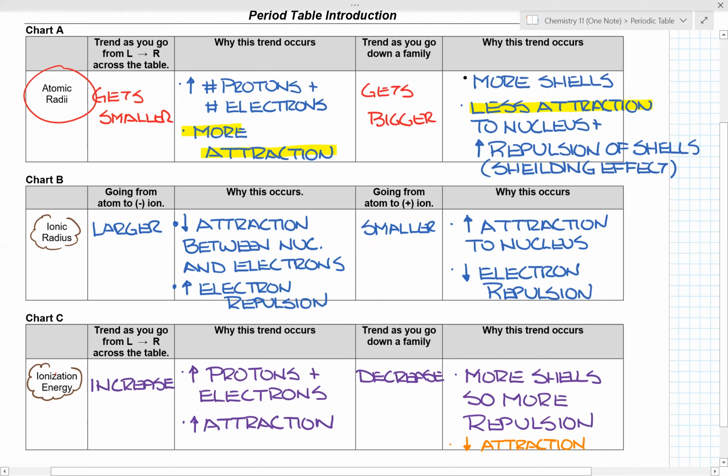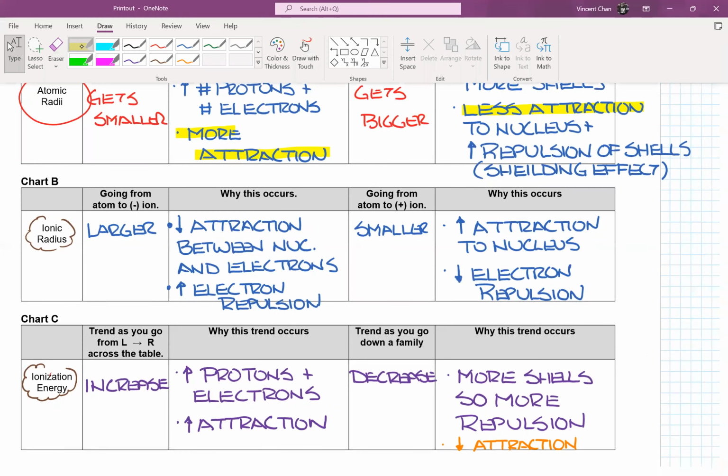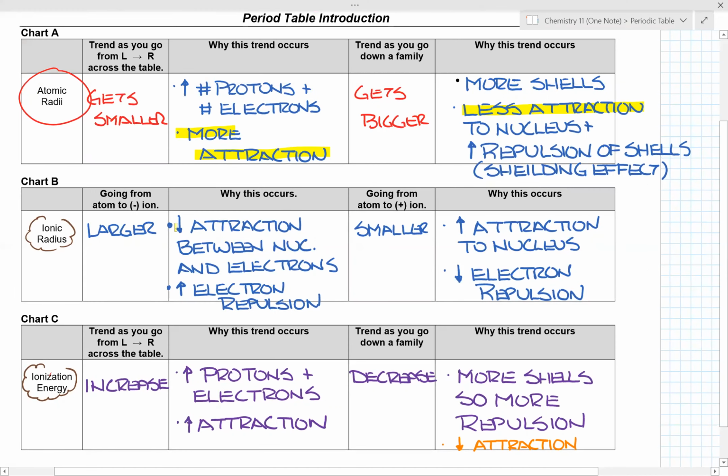When you look at the ions, going from an atom to a negative ion, why does it get larger? Because there's a decrease in attraction. When you go from an atom to a positive ion, there's an increase in attraction.